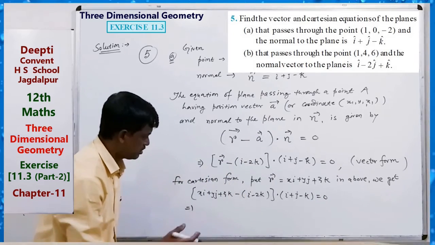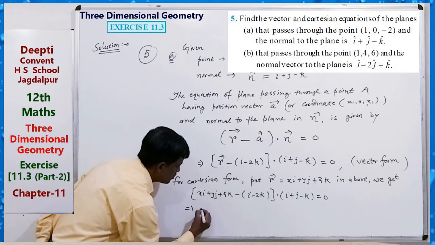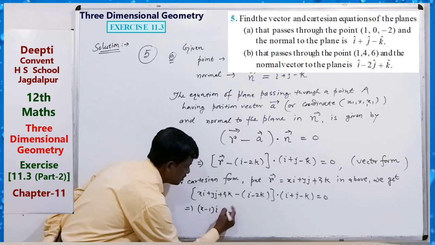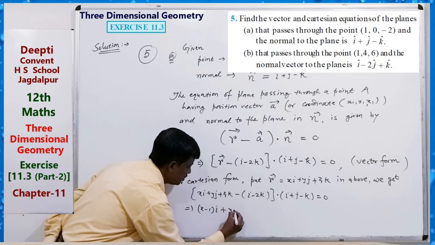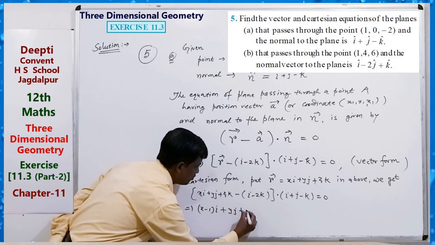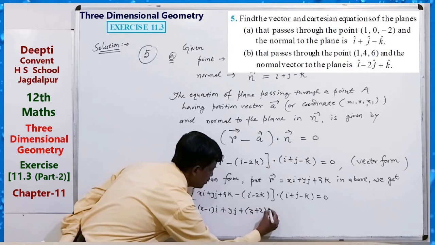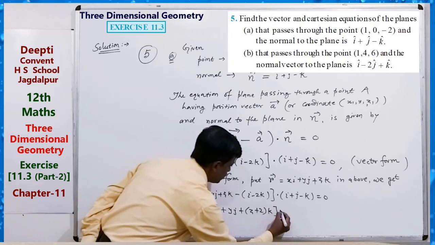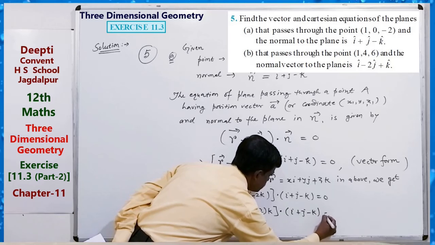Now set it: x minus 1 for I, plus y for j, plus z plus 2 for k. This is the first vector, dot this second vector I plus j minus k, equals 0.